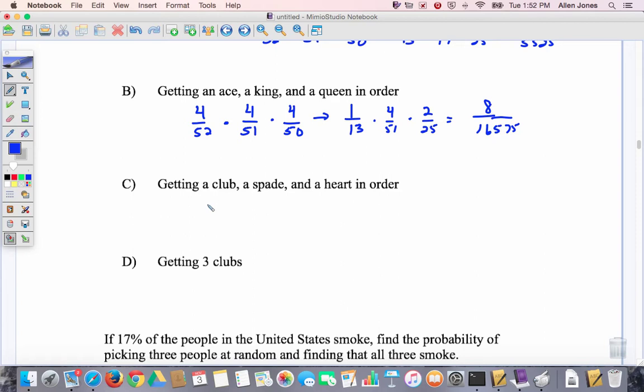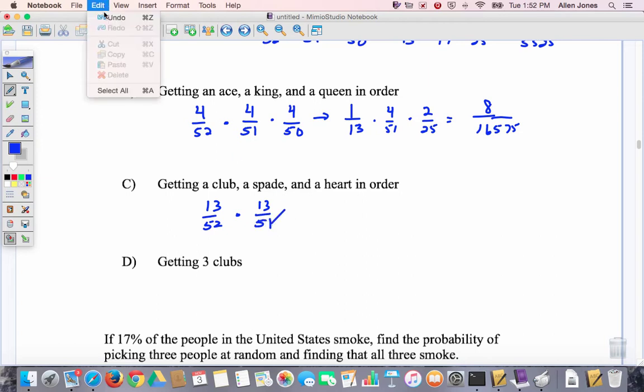All right, dependent events. Zipping through 2 more of those: a club, a spade, and a heart in order. The probability of a club, there are 13 clubs in a deck of cards, 52 total cards. We've now pulled out a club. Move on to the spades. There are 13 spades in the deck of cards, but because we pulled out 1 club, there are 51 cards left. And then we move on to our heart. Again, there are 13 hearts in a deck of cards. We pulled out a club and a spade, so there are 50 total cards left.